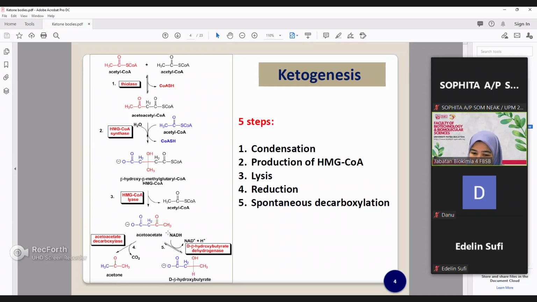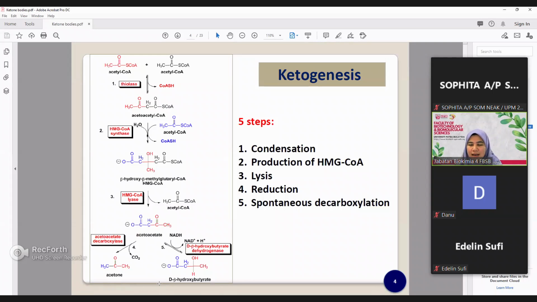Then this acetoacetate can undergo reduction to produce beta hydroxybutyrate, catalyzed by the enzyme beta hydroxybutyrate dehydrogenase. At the same time, this acetoacetate can undergo spontaneous decarboxylation, which removes carbon dioxide, to form acetone.